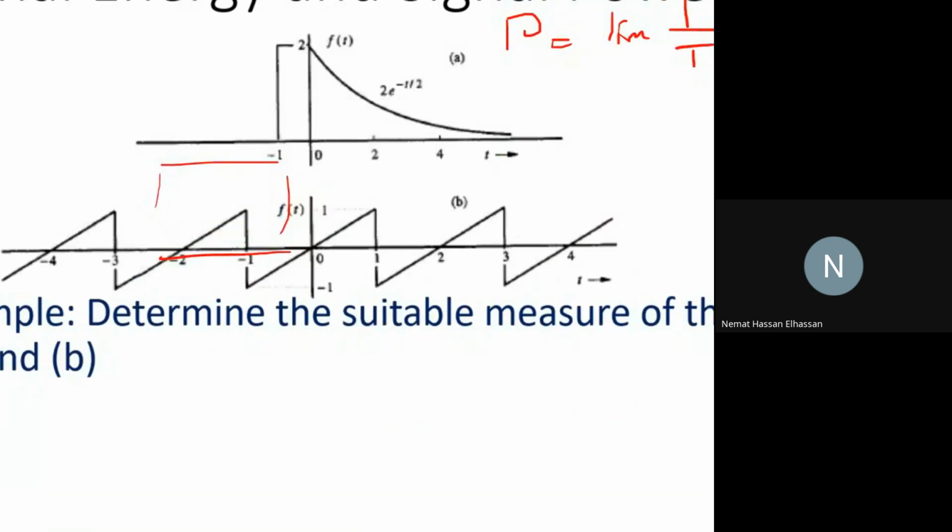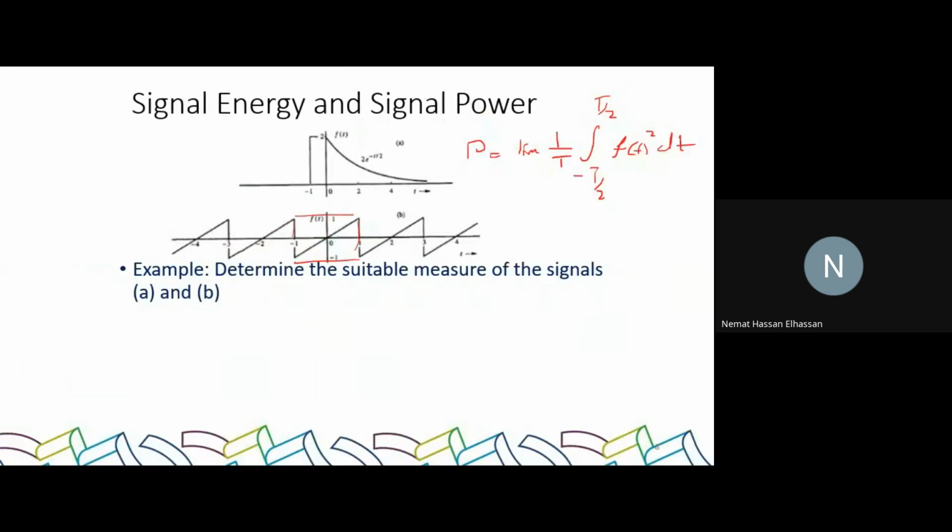f of t is equal to what? When time is 0, f of t is 0. When t is 1, f of t was 1. When t is negative 1, f of t is negative 1. So within that time frame, when t was 0, f of t was 0.